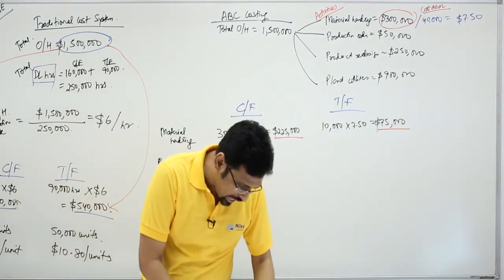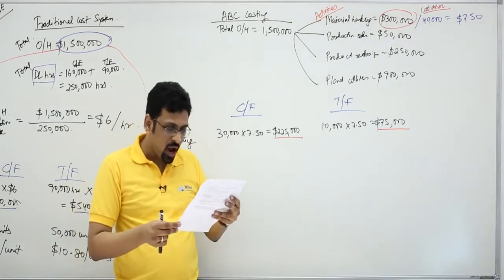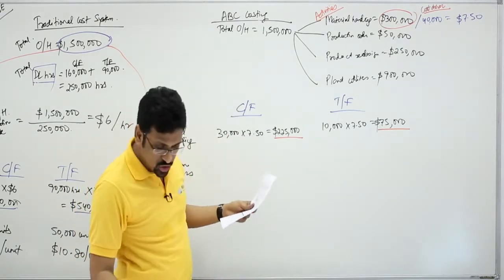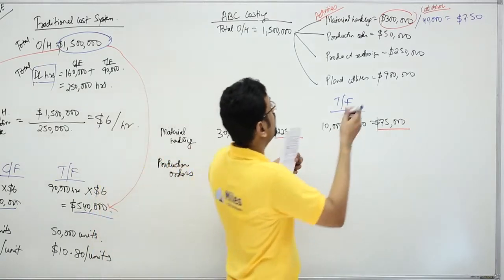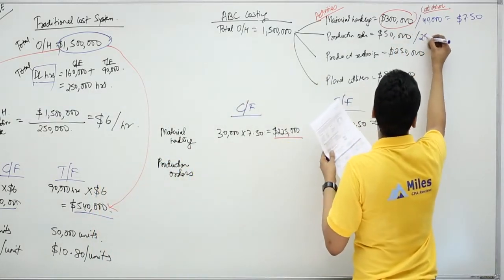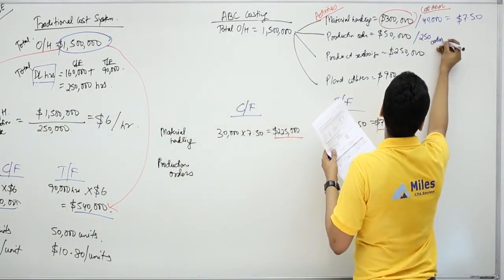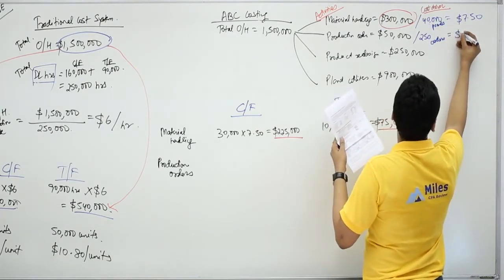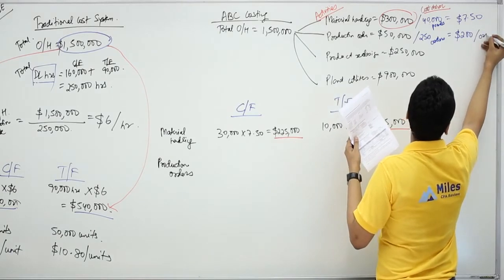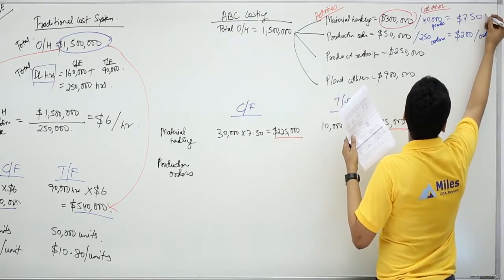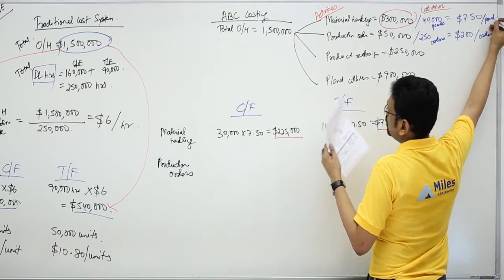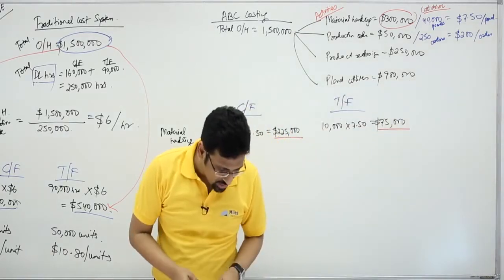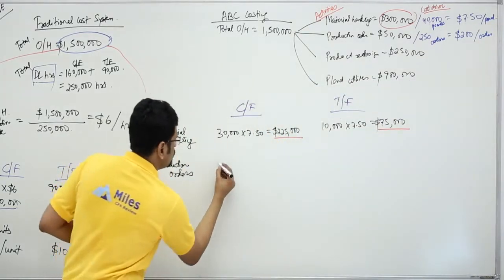So it says we had 250 orders issued. So what we could do is divide $50,000 by 250 orders. That gives us $200 per order. Now we saw the ceiling fan unit had 100 orders.